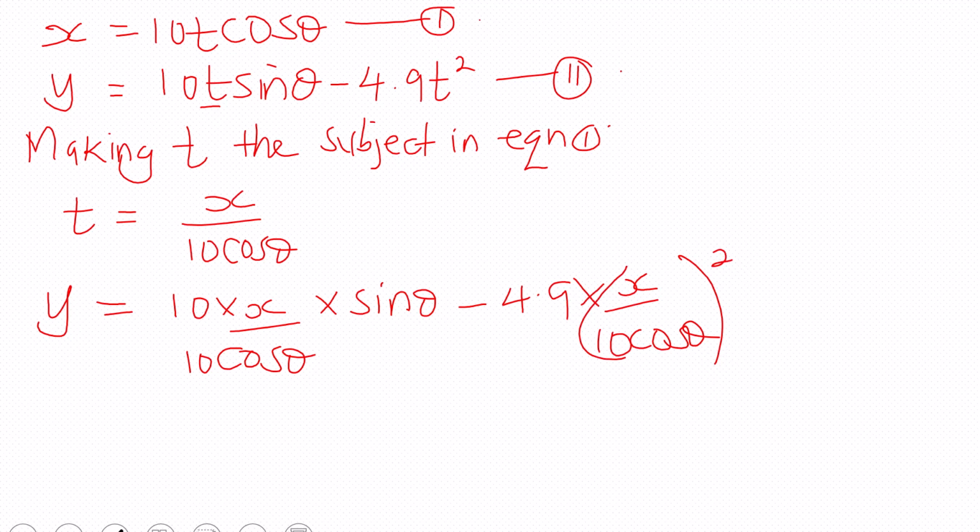So when we do that, this 10 will go with this 10, and this x will remain. So we'll have y equaling x.